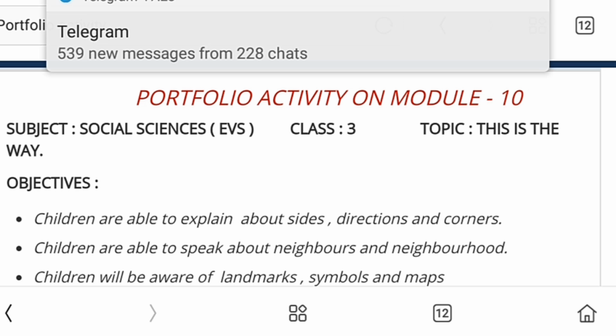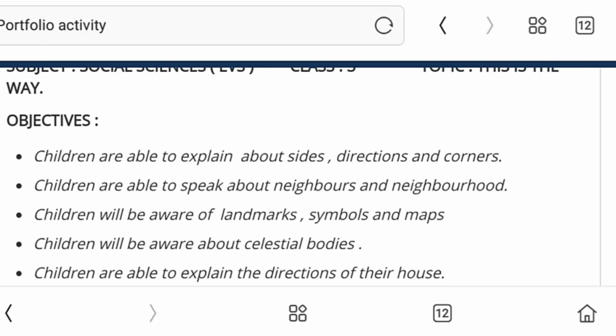Objectives: children are able to explain about sides, directions and corners. Children are able to speak about neighbors and neighborhood. Children will be aware of landmarks, symbols and maps. Children will be aware about celestial bodies. Children are able to explain the directions of their house. These are the main objectives of the lesson I have taken.